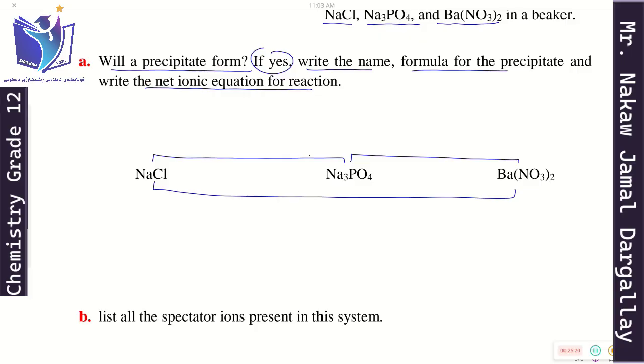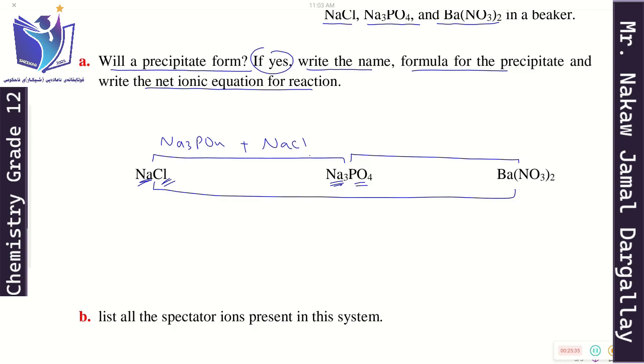NaCl with Na3PO4: Na with PO4 produce Na3PO4, Na with Cl produce NaCl.